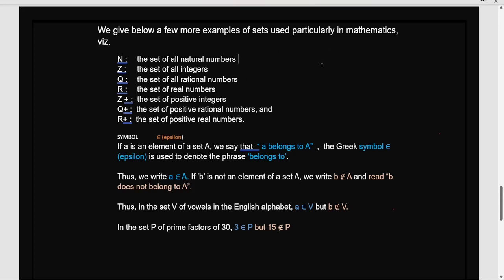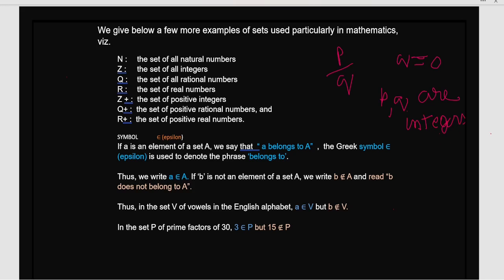Z is called the set of integers: minus infinity to 0, minus 3, minus 2, minus 1, 0, and 1, 2, 3, 4, 5 to infinity. Q is the set of all rational numbers, numbers which can be written in the form p by q, where q is not equal to 0, and p and q are integers.